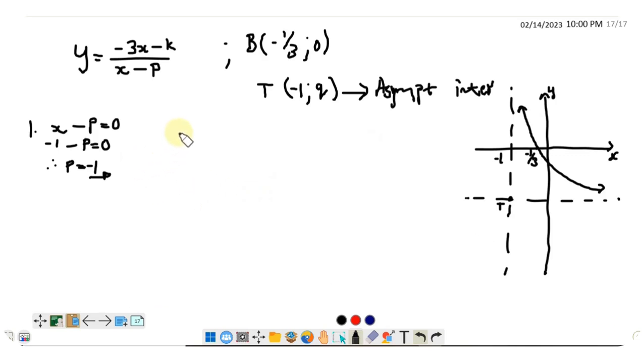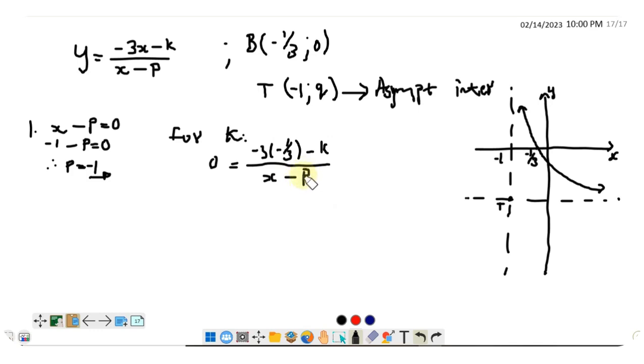So for K, we will substitute this coordinate there. So y is 0 equals to minus 3 into x, which is negative 1 over 3, minus k, and x minus p.